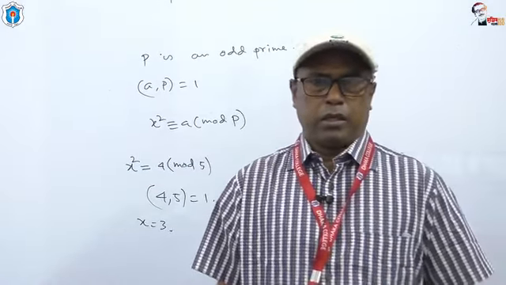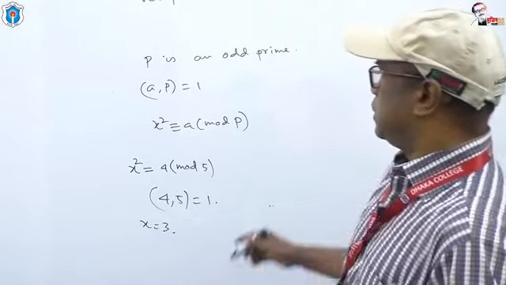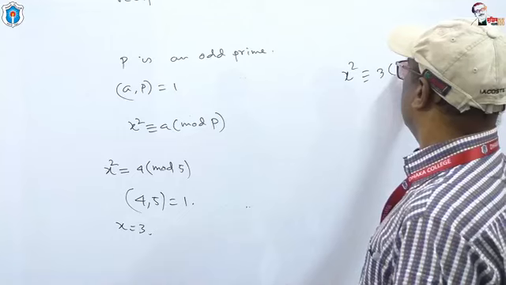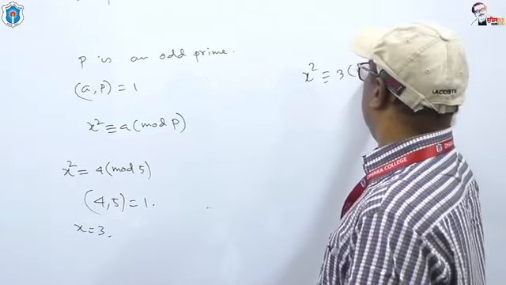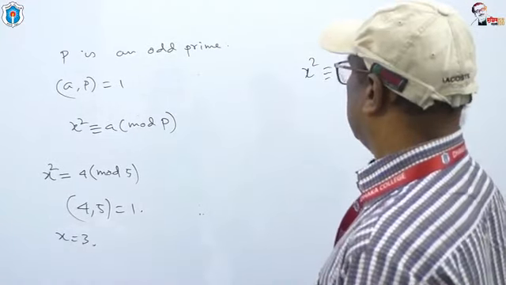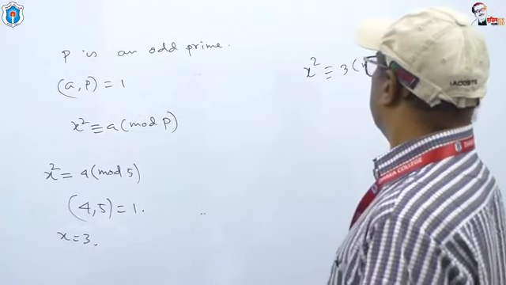And suppose x square congruent to 3 mod 5, it has no solution.